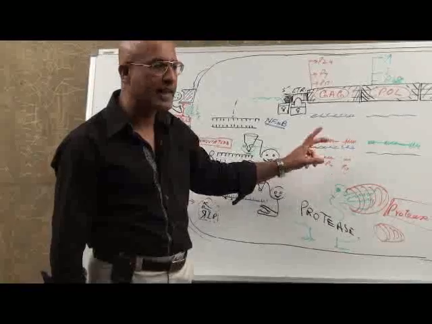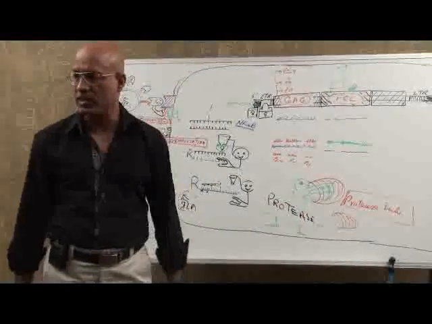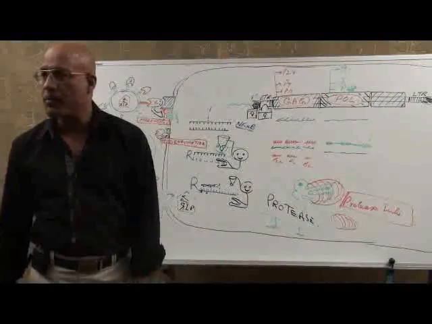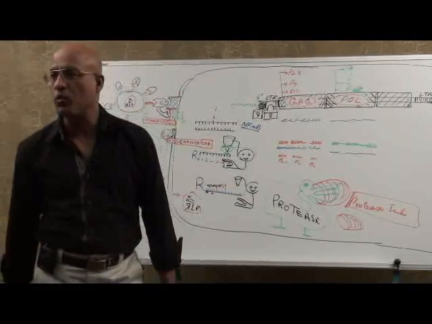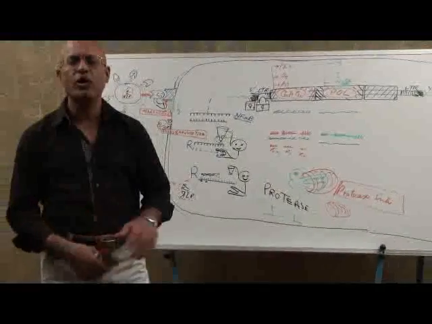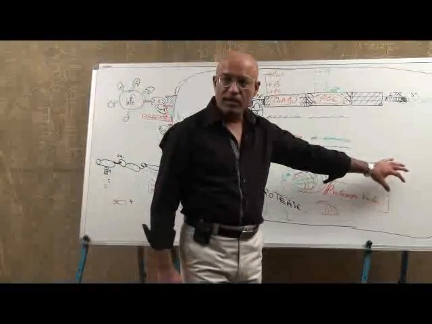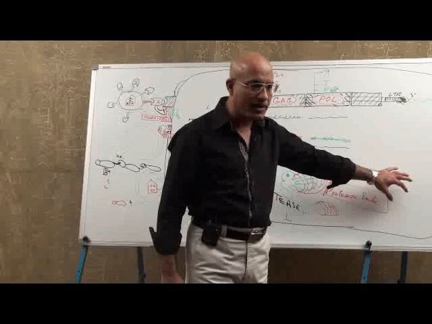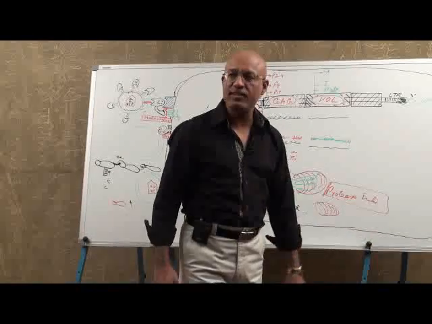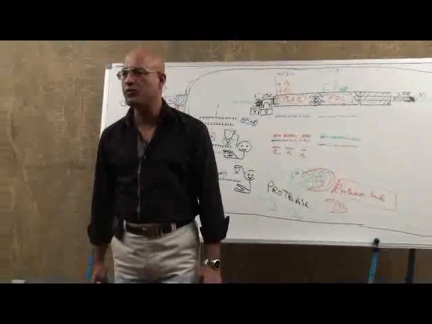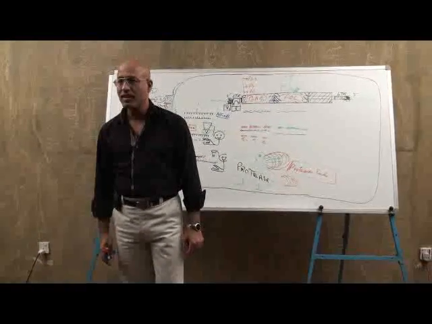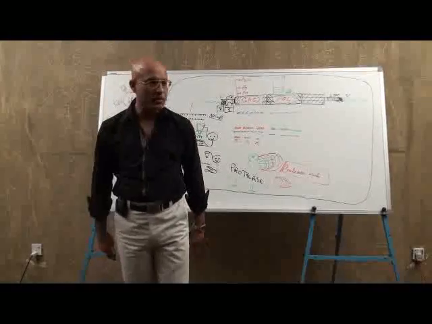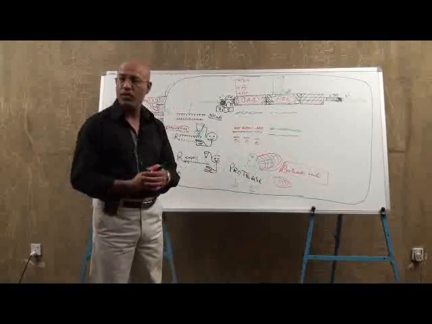But if the polyprotein cannot be cut into functional proteins, virus will be made, but its proteins will be abnormal. And when virus has these abnormal proteins, we call this virus immature virus. What we call it? Immature virus. And this immature virus is non-infectious. It cannot enter into other cells. And the virus cycle is blocked.